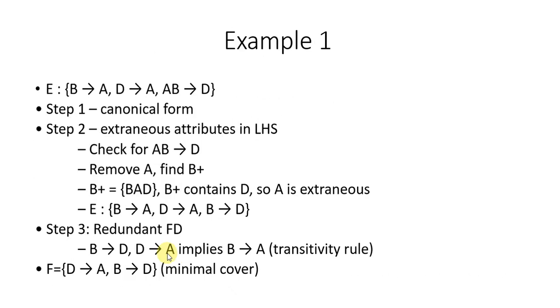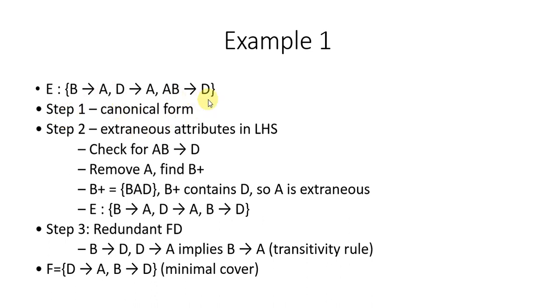What is meant by canonical form? The right hand side contains only a single attribute. So here, when you consider each dependency, that is in canonical form, because the right hand side contains a single attribute: B to A, D to A, and AB to D. So the first condition is satisfied, and the second one is we need to remove extraneous attributes in LHS.